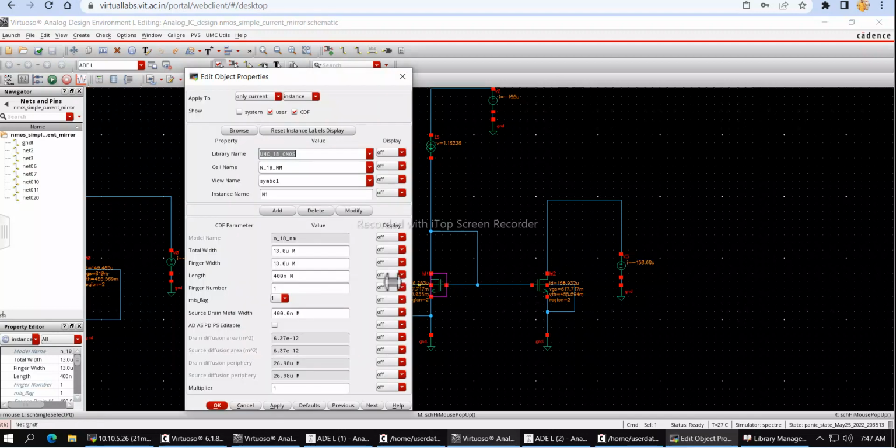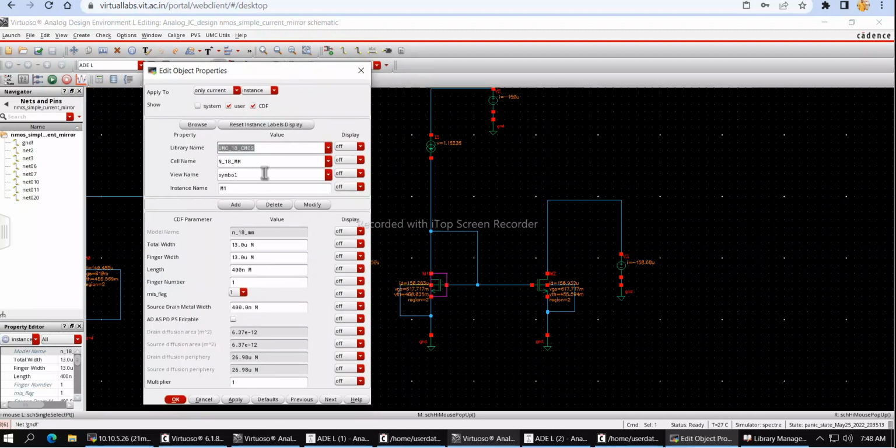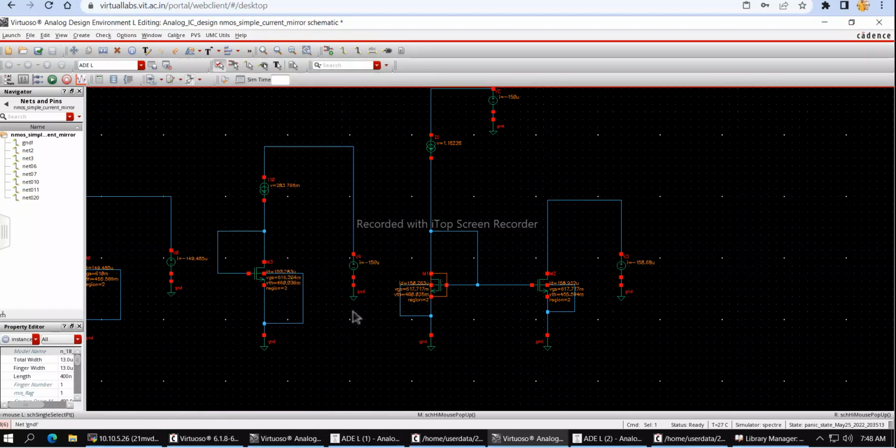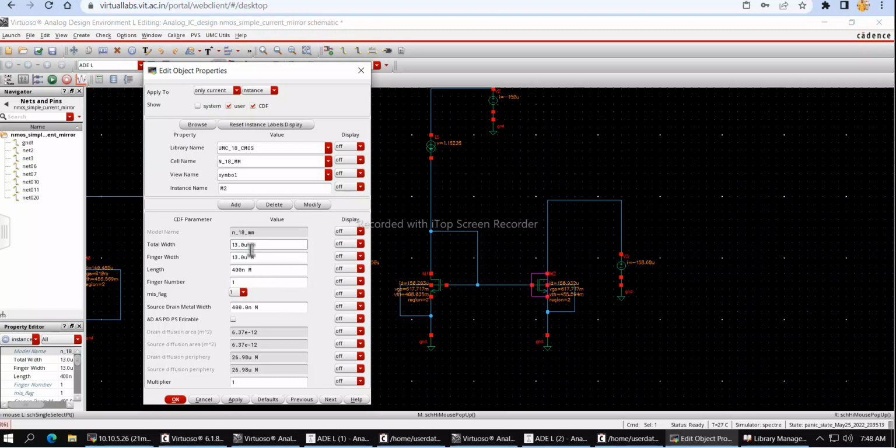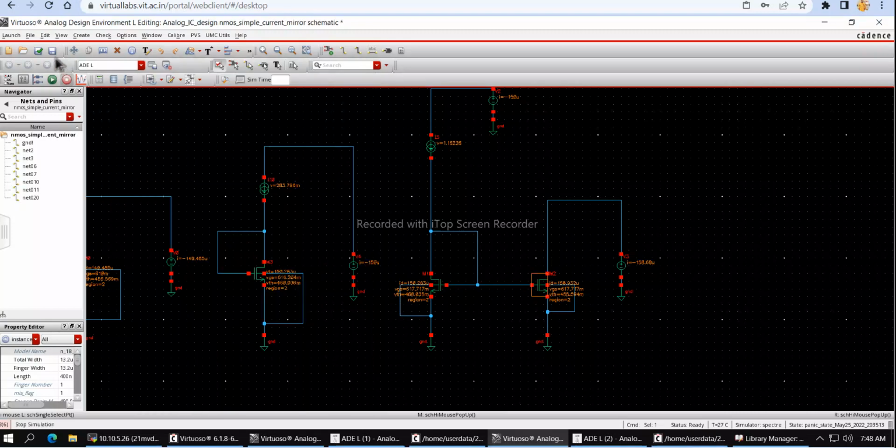So the width of this should be 13.2 micrometer, and the width of this also should be 13.2 micrometer in order to mirror the same 150 microamps of current.